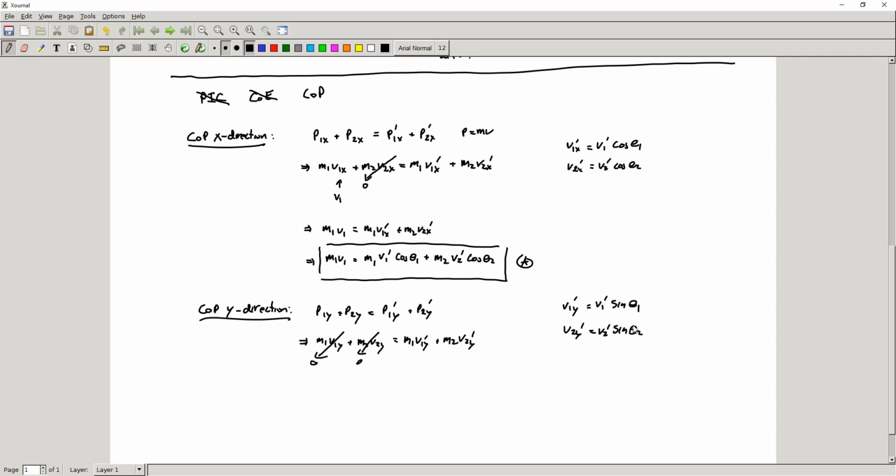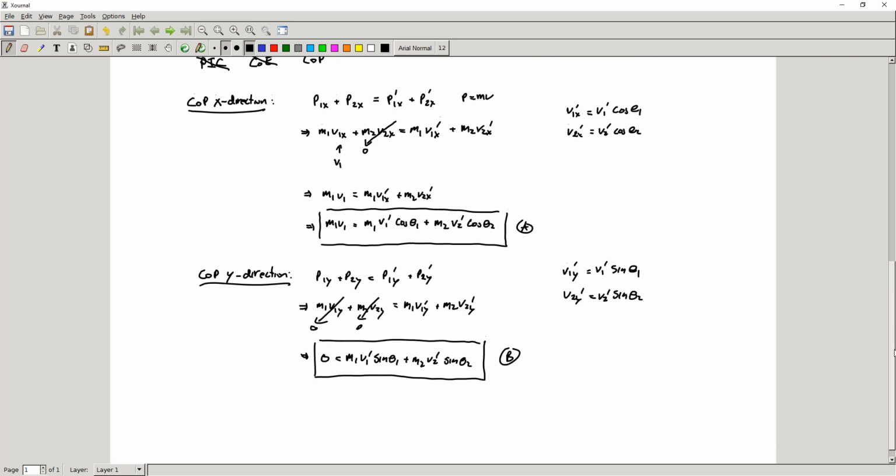And if we substitute those values in and realize that our left-hand side here is 0, we're going to end up with 0 equals m1 v1 prime sine theta 1 plus m2 v2 prime sine theta 2, right? And so let's box this equation off. We'll call this equation B.